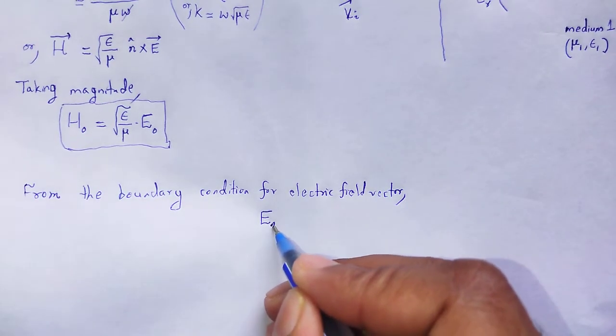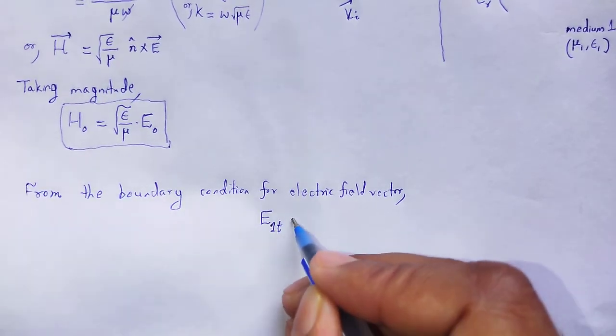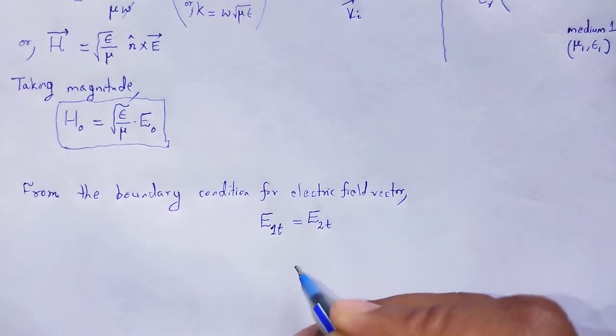Therefore, the tangential component in medium 1 of the electric field is the same as the tangential component in medium 2 of the electric field.